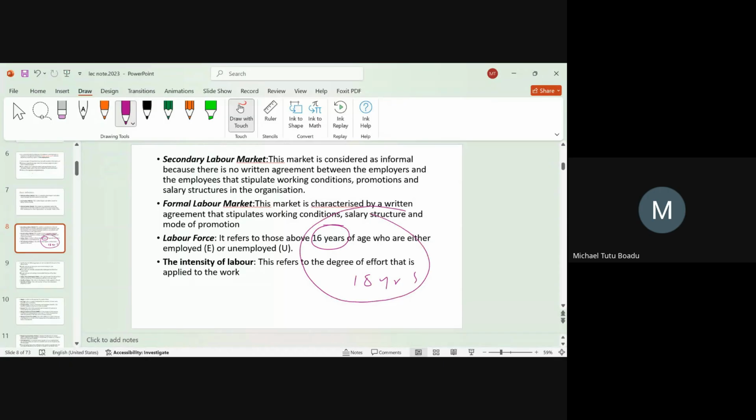Ghana's statistical service often uses 16 or 15 years whenever they are looking at labor issues, when we know for sure that somebody at age 16 cannot be employed in Ghana because you are not qualified. Okay, so there are some issues regarding this labor force participation, age determination when it comes to who is qualified to be part of the labor force.